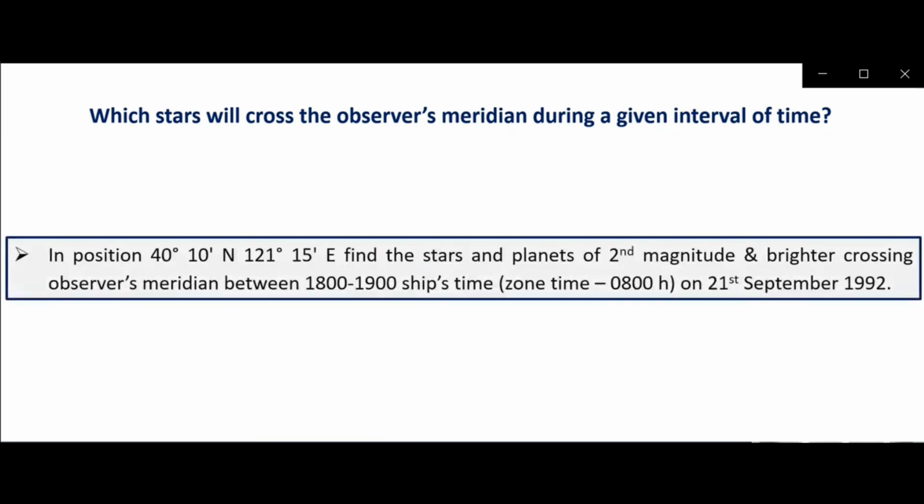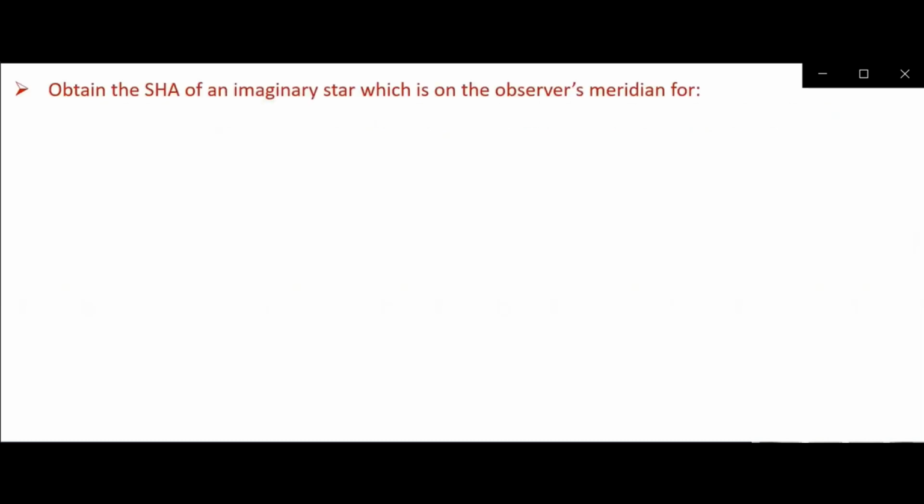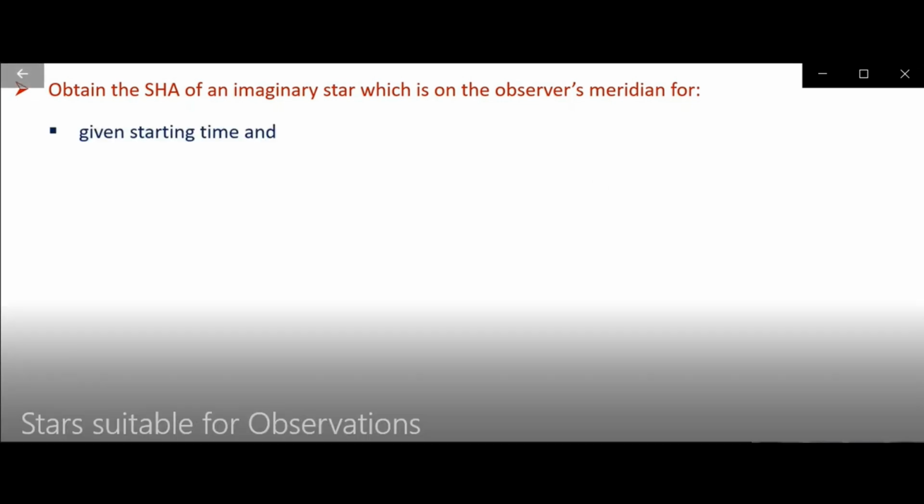For example, this one, in position 40 degrees 10 minutes north, 121 degrees 15 minutes east, find the stars and planets of second magnitude and brighter crossing observer's meridian between 1800 hours to 1900 hours ship's time, zone time minus 0800 hours on 21st September 1992. To handle such questions, we need to obtain the SHA of an imaginary star on the observer's meridian, both at the beginning of the given interval.